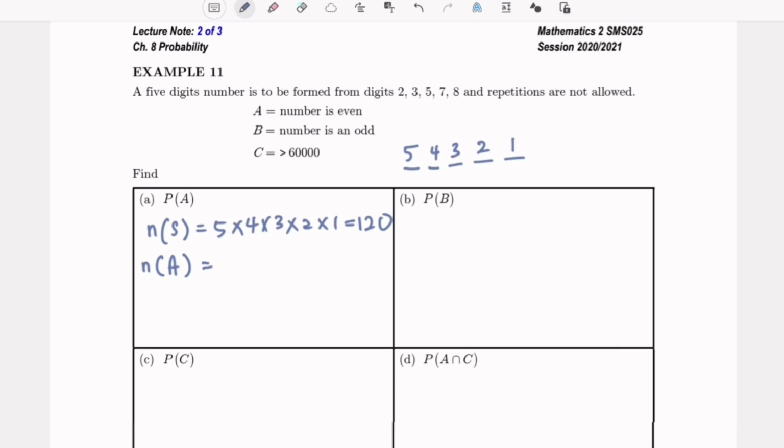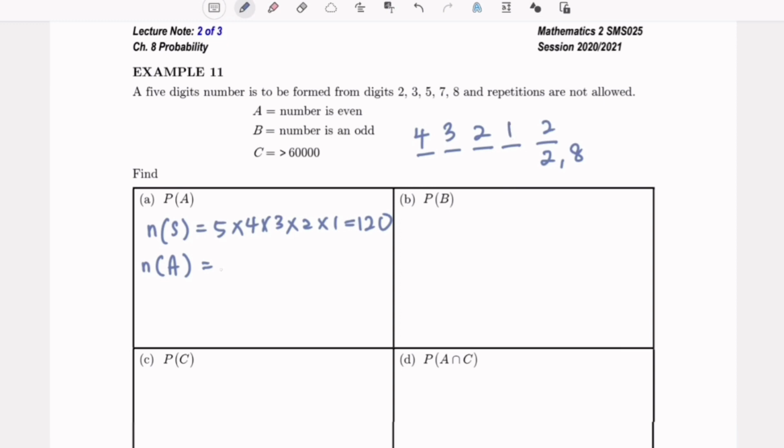So if the number is even, okay, you have 2 options for this one here, either 2 or 8. So the last number will be either 2 or 8. So you have 2 options. Once you have picked the last number, you have 4 more options, and then 3, 2, 1.